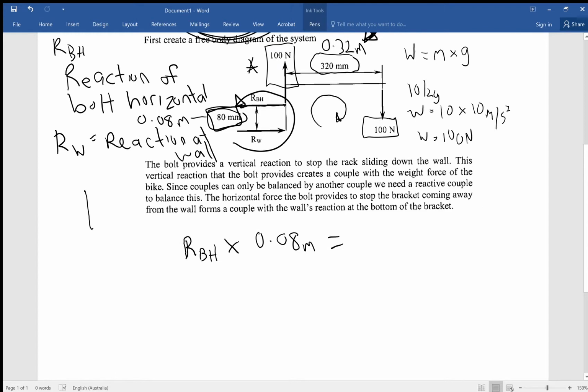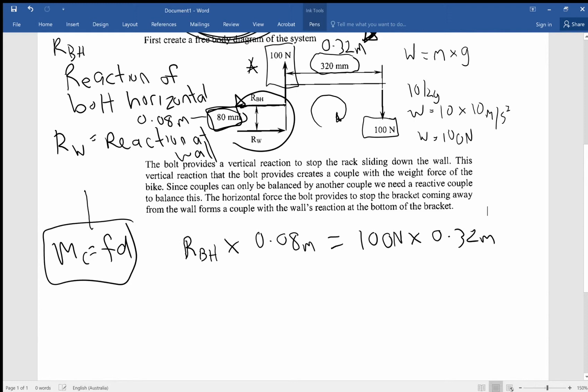We know the other couple is our 100 newtons, because we only use one force when we're calculating the moment of a couple, times 0.32 meters. And that's all because we know our formula: moment of a couple is equal to force times distance. So that couple, force times distance, has to equal this couple, force times distance.